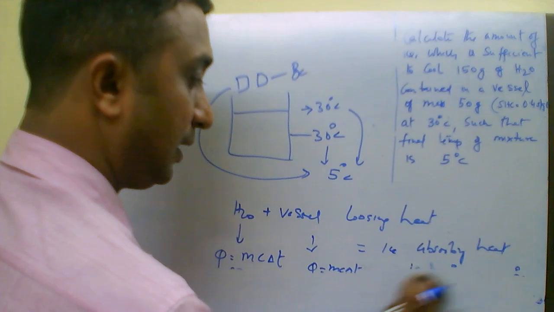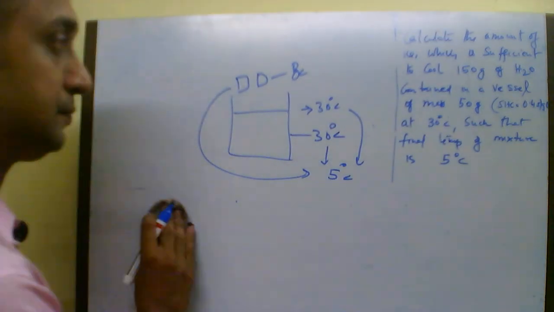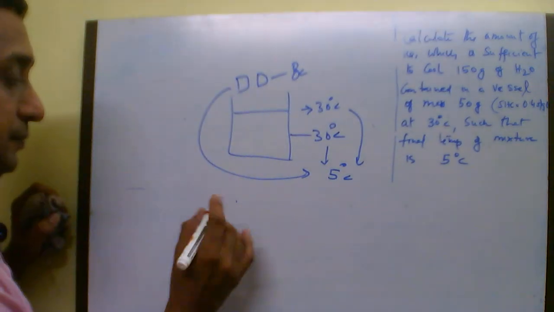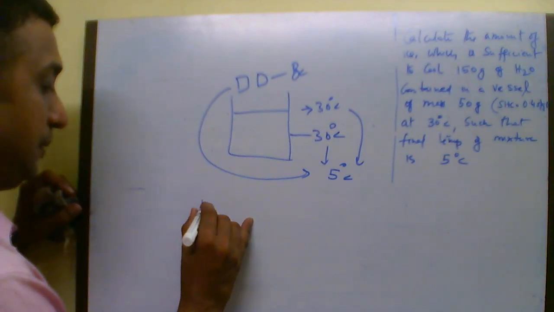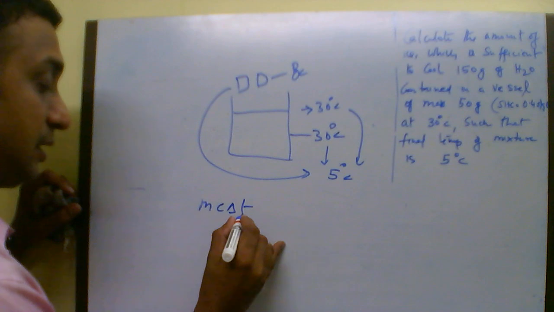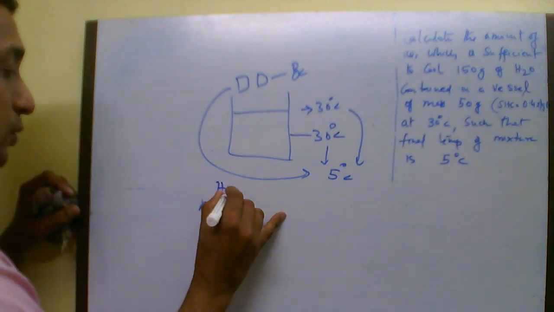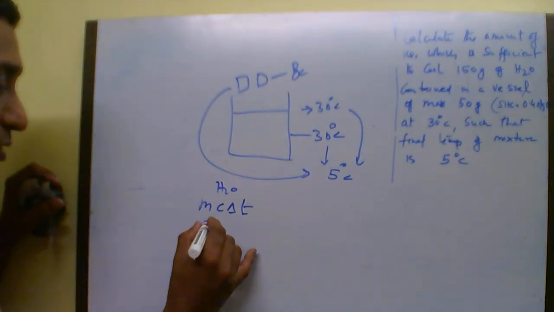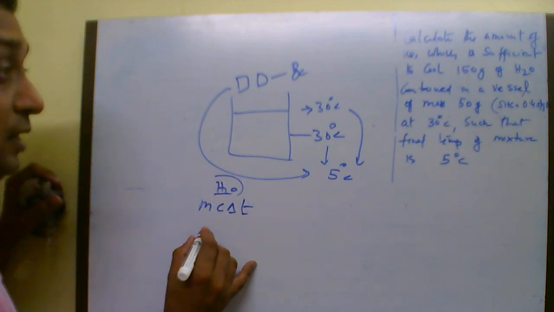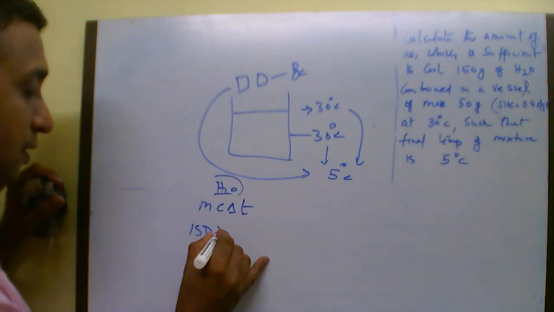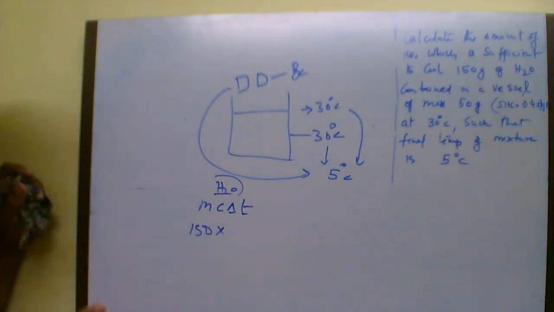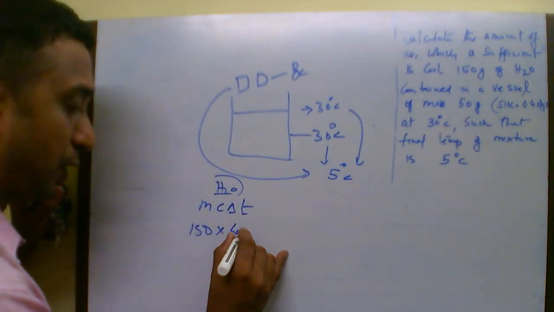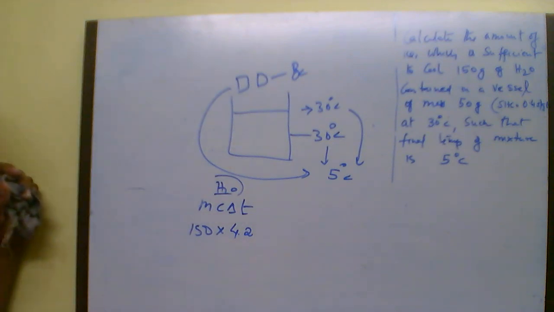So let us write down the numerical. Here, for water, mc delta T. So water loses its heat. How much is the mass of water? It is 150. 150 multiplied by the specific heat capacity of water, which we already told is 4.2 joules per gram per degree Celsius.